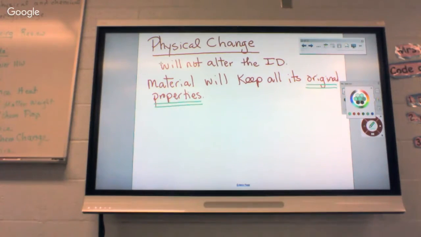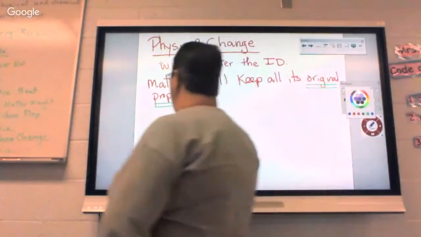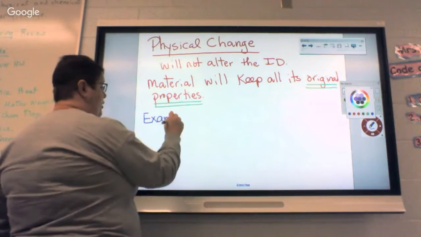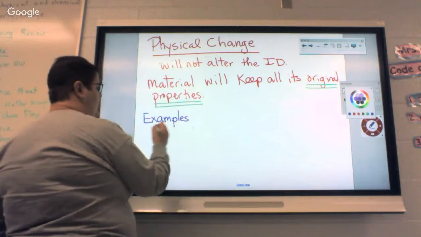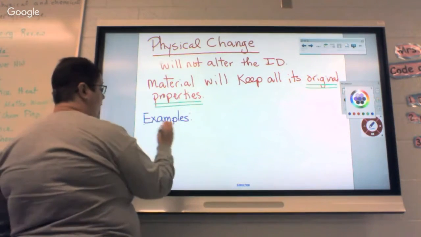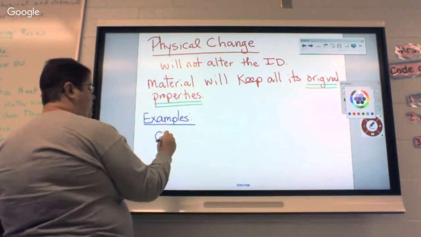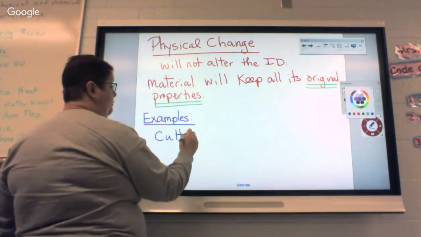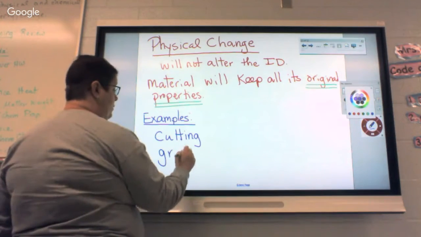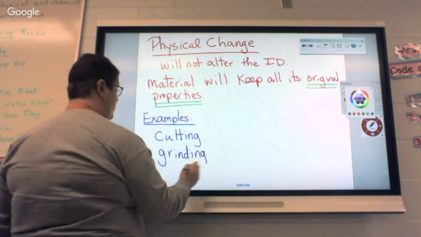So, when we talk about some examples of this, odds are good that if you had anyone teach this to you in middle school, you probably talked about things like cutting, maybe grinding, tearing.